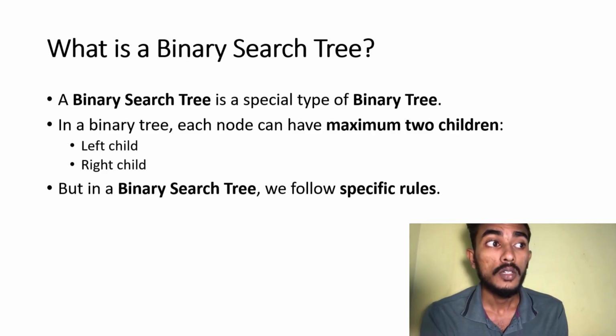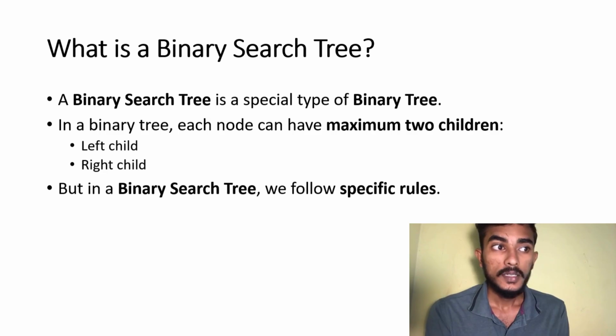We're going to talk about what a binary search tree is. A binary search tree is a specific type of binary tree. In a binary tree, each node can have a maximum of 2 children, left child and right child. But in a binary search tree, we follow specific rules.